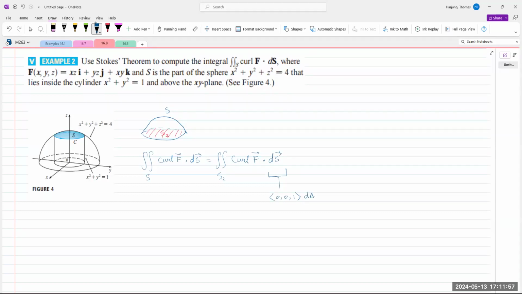Okay, now what is the curl of that vector field F? i, j, k over partial x, partial y, partial z of the components. That will be x minus y, negative of y minus x, 0.